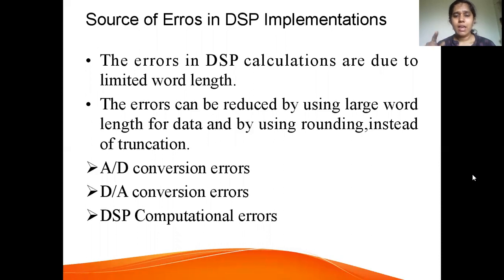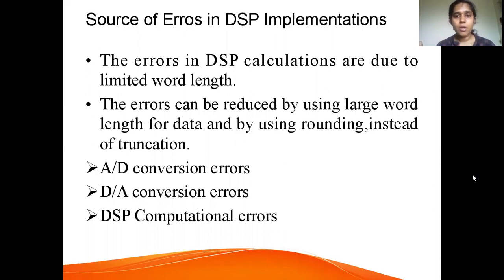While an analog signal is converted into a digital signal, some errors may occur due to that conversion process, and there may be errors while we are implementing operations on the incoming signals in the DSP processor.